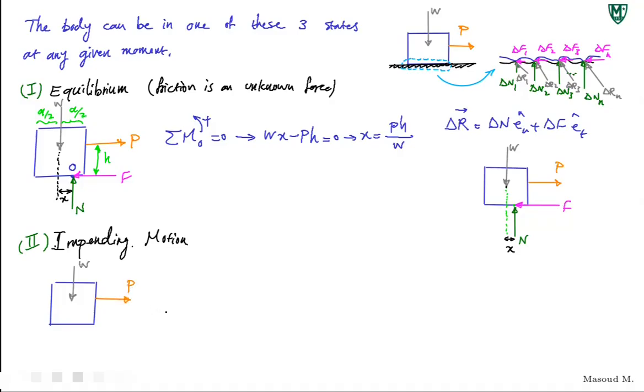At this point, in impending motion, your rigid body is about to move. Now you have your friction here. We call it Fs when we are in impending motion. And you have your normal force there. And this is x.